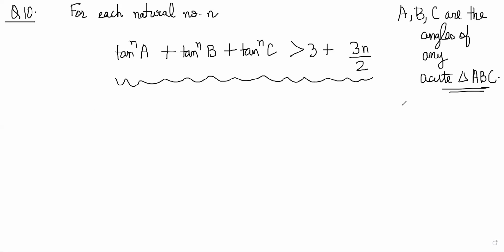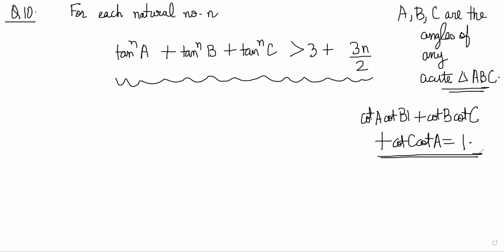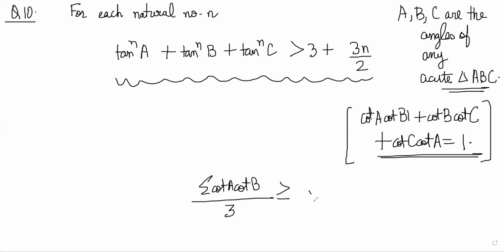Okay. So for the triangle, we have already seen in a previous problem that cot A cot B plus cot B cot C plus cot C cot A is equal to 1, right? We already know that this is true for any triangle actually. Now, if I apply the AM-GM inequality to this, what I will say is the sum of cot A cot B and so on divided by 3 is greater than or equal to the cube root of the product of these three terms, right?